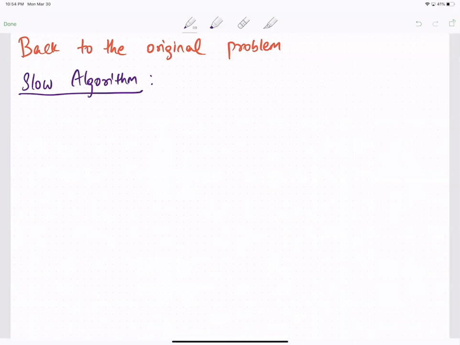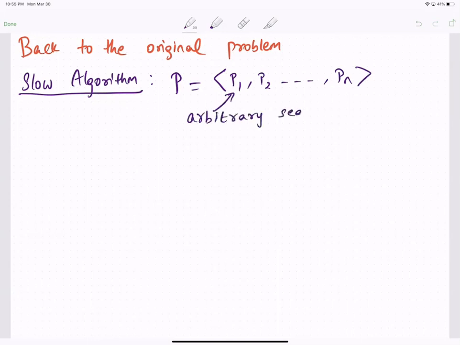We have to make clever use of it to solve our original problem. So we have this point set, and we'll consider an arbitrary sequence of these points.